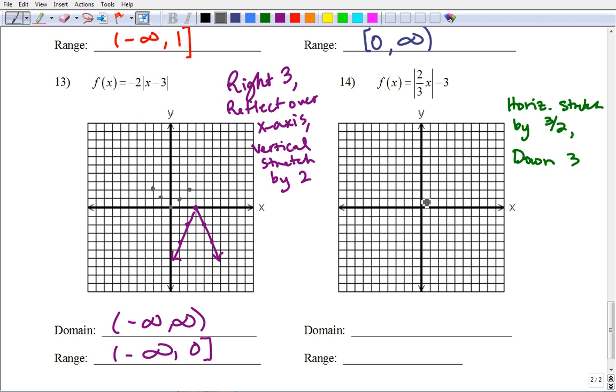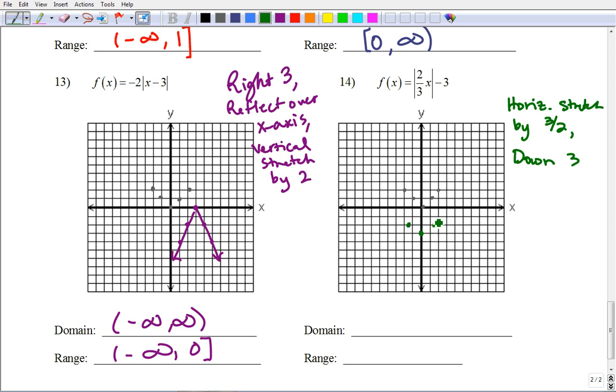So my parent points, I'm going to multiply each one by 1.5 and then go down 3. So 0 times its x value times 1.5, it's still 0, down 3. 1, 2, 3. 1 times 1.5, it's 1.5, and then go down 1, 2, 3. Same thing over here. Negative 1 times 3/2 is negative 1.5. And down 1, 2, 3.